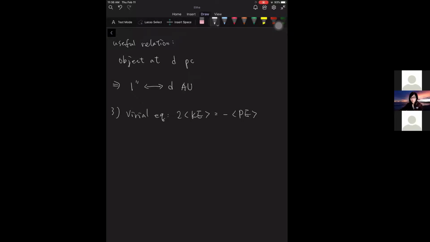All right. So to calculate this, we basically use the virial theorem from observed data.